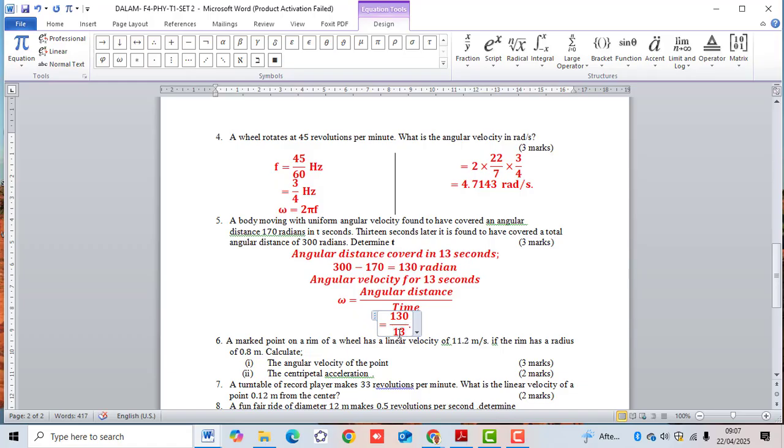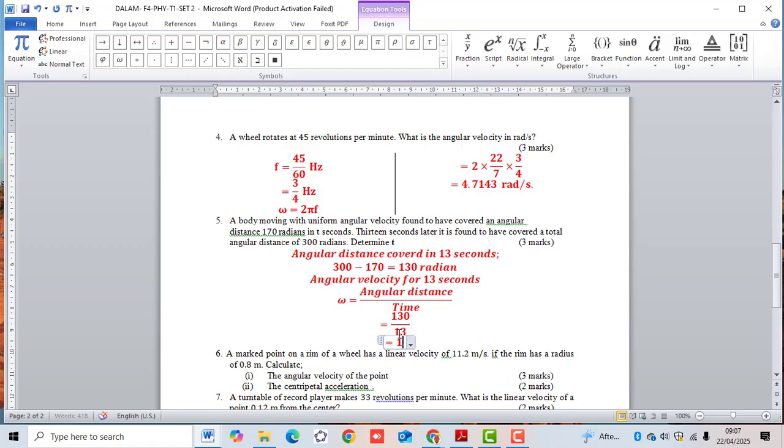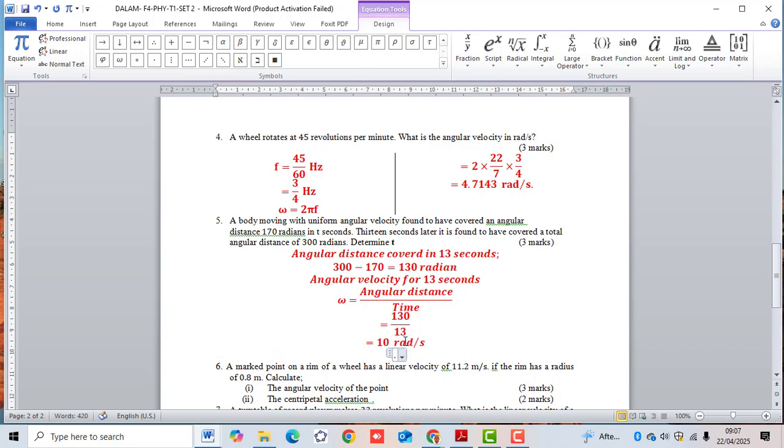So this one will give us 10 rad per second. Because this one is a rate of change, meaning that as this one changes, this other one is also changing. It means that it is a uniform motion, so at each and every instant, that rate of change will be the same.